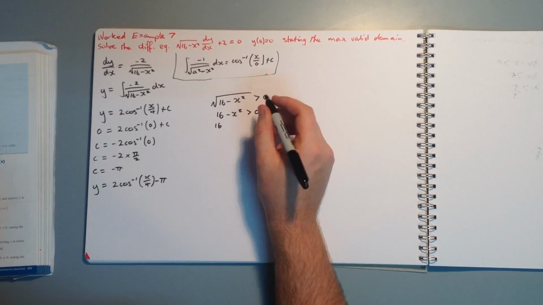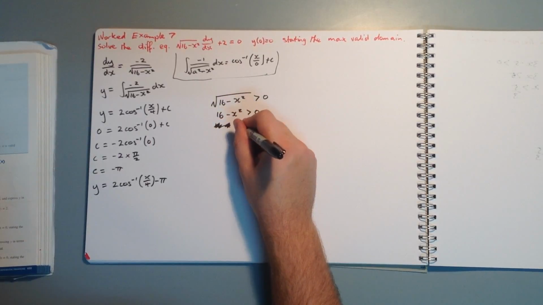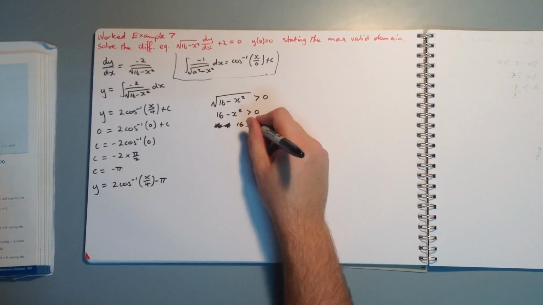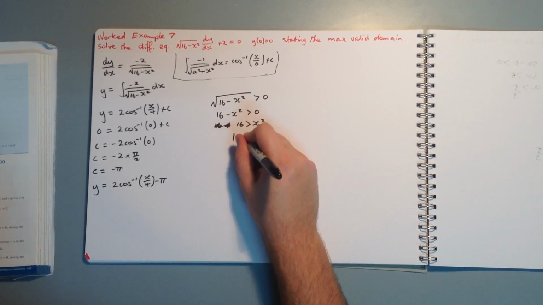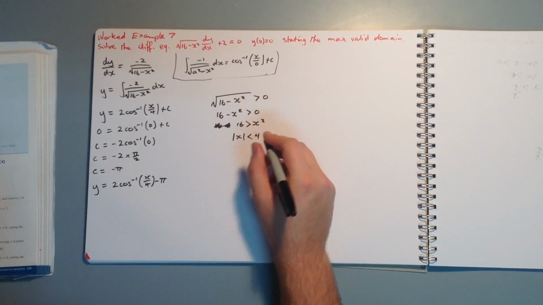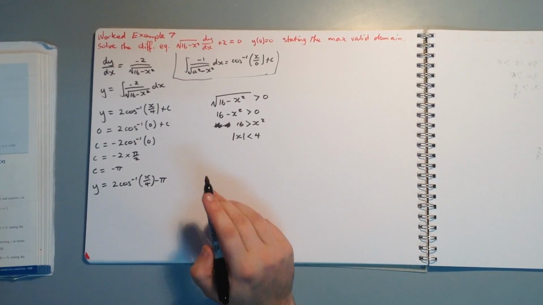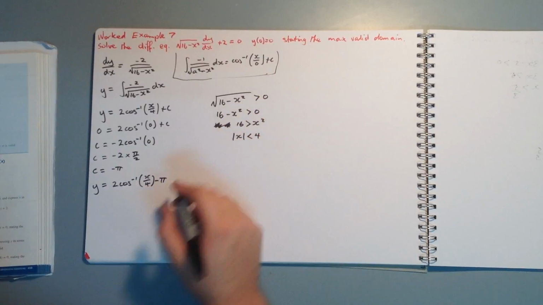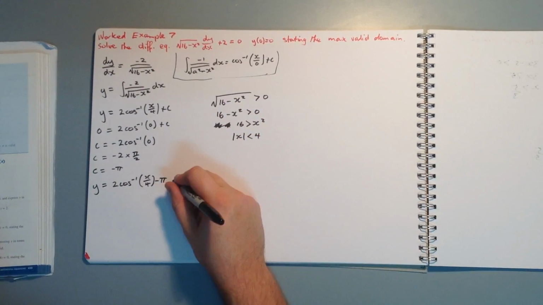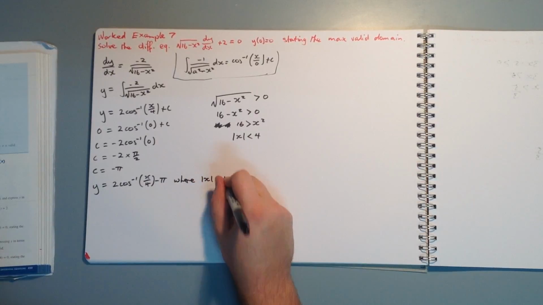So 16 is going to be greater than our x squared, which means the modulus of x has to be less than 4. If we take the square root of x squared, it gives us the modulus of x, and the square root of 16 is 4. So we can then add to our answer here, where the modulus of x is less than 4.